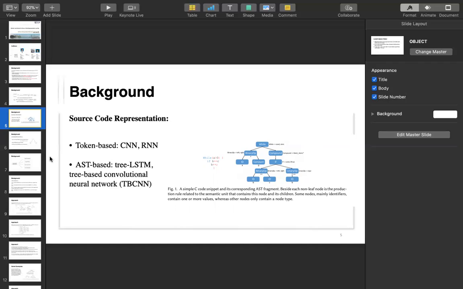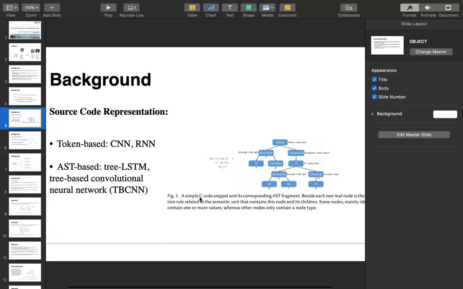A more popular way is AST based. That is to parse the source code into AST tree structures, like the graph on the right side.